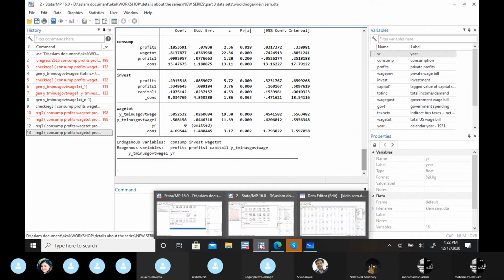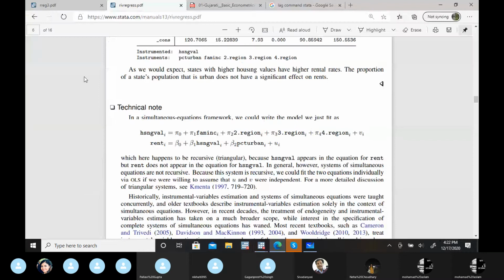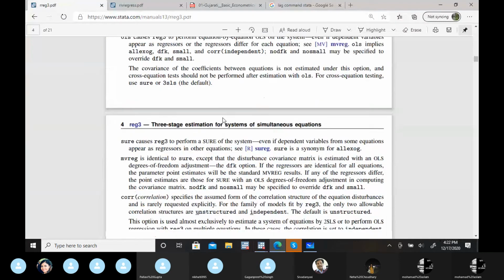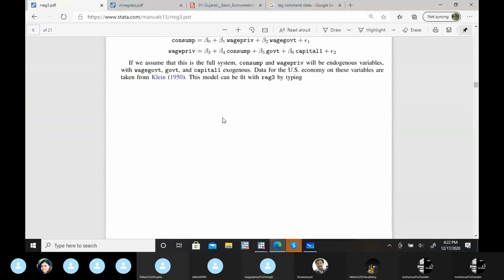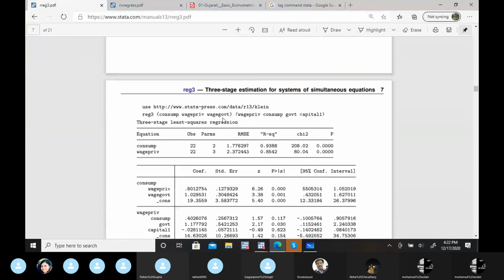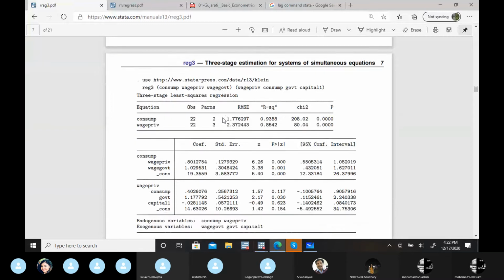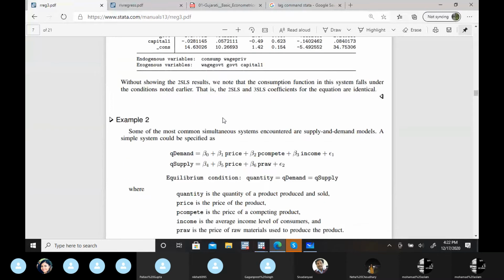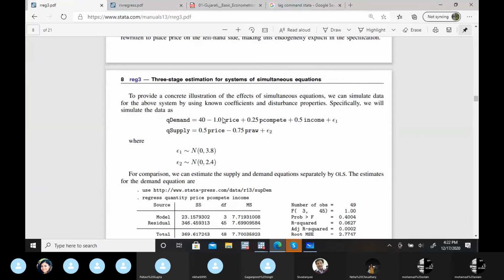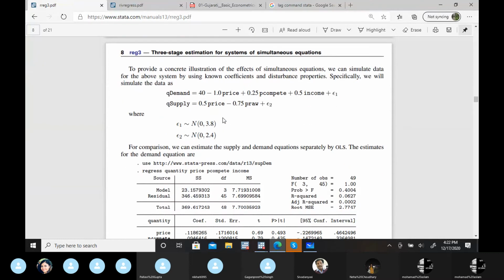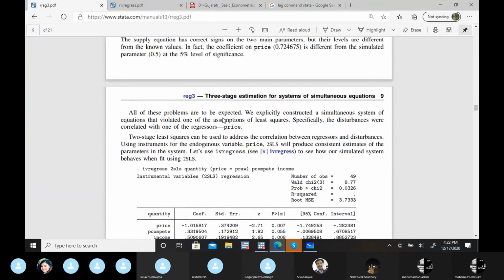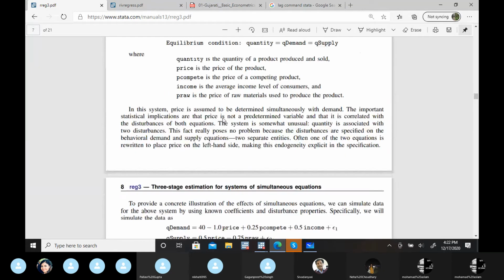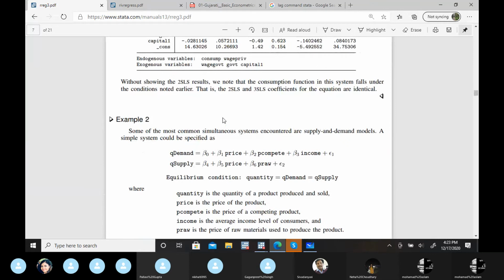So for that, I have this one documentation. Let's see if it's here. There is a function where if you combine these commands in instrumental, you will get joint results. Let's take this example, demand and supply.